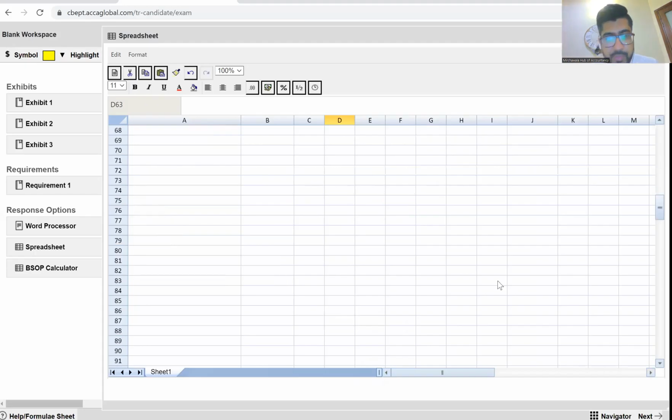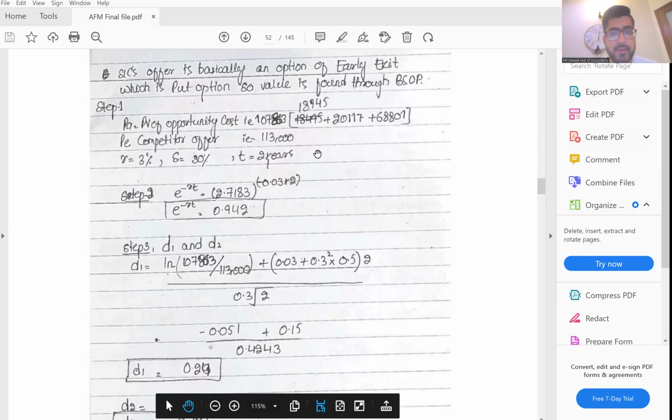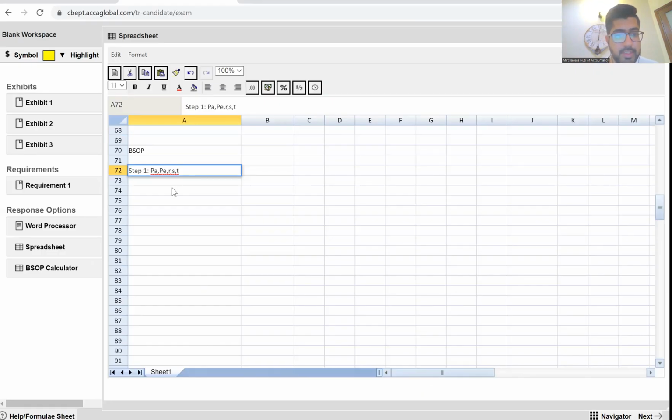Traditionally BSOP was answered via 5-step approach. In the first step, we used to write what is PA, what is PE, what is R, what is S, what is T. Then in step 2, we do a working called e to the power minus RT.